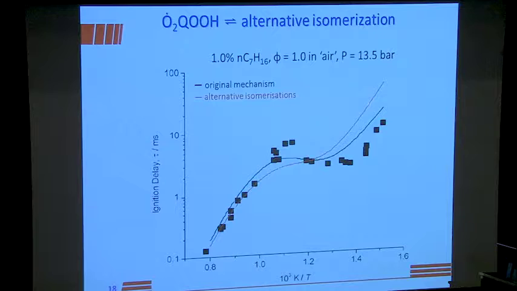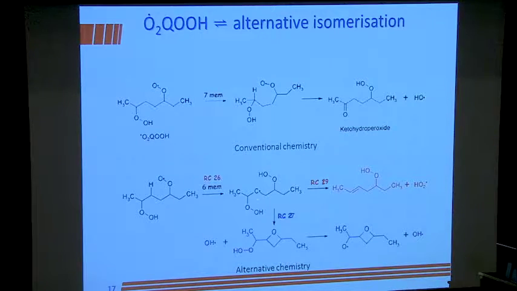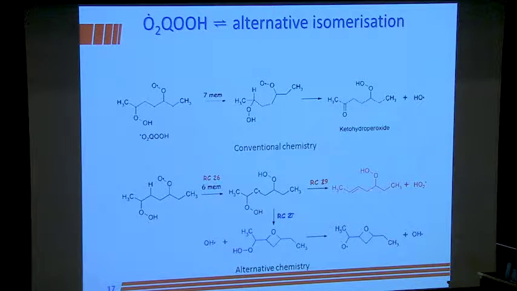So the mechanism became too slow at low temperature and became faster at higher temperature. Does that make sense? What's happening? Here, instead of producing a carbonyl hydroperoxide plus OH, we're producing this species, which is this olefinic hydroperoxide plus HO2.